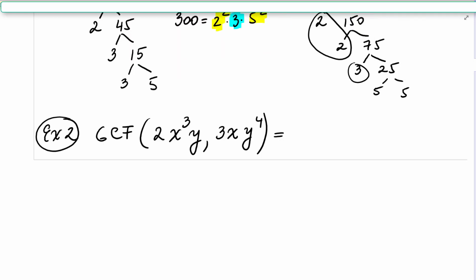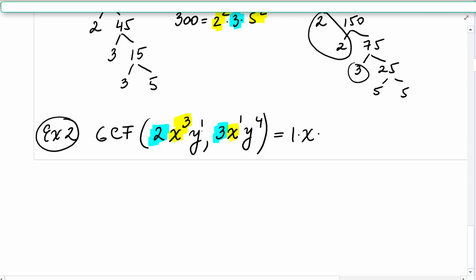Let's do greatest common factor of 2x to the third y and 3xy to the fourth. So between the numbers 2 and 3, the greatest common factor is 1. So we can write it or not. Between x to the third and x is x to the lowest exponent, which is to the first, right?